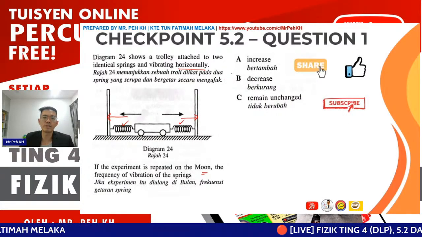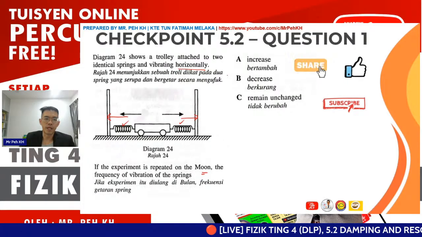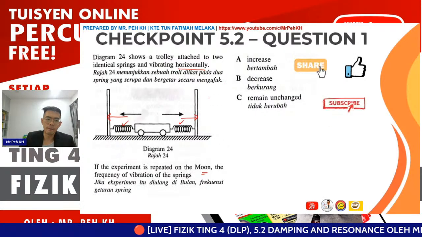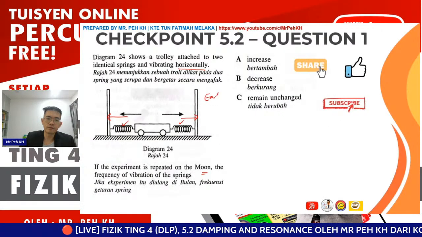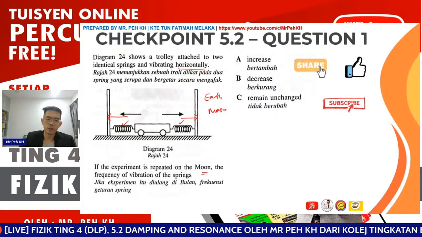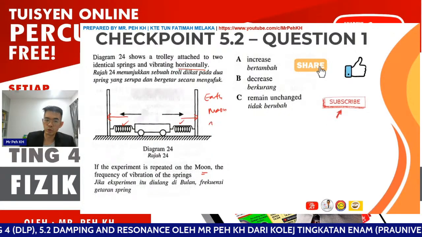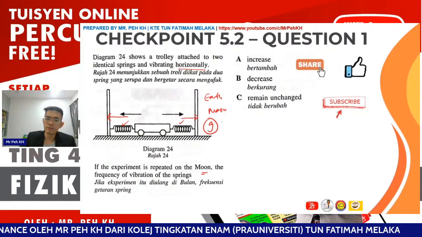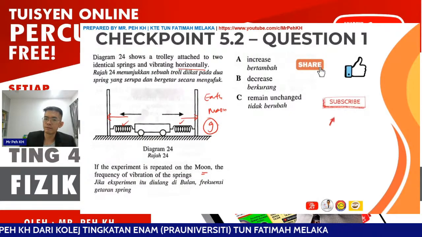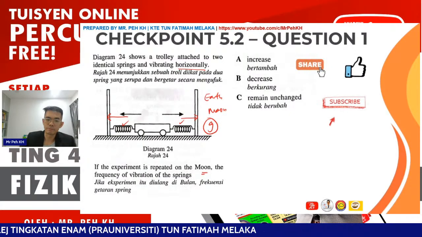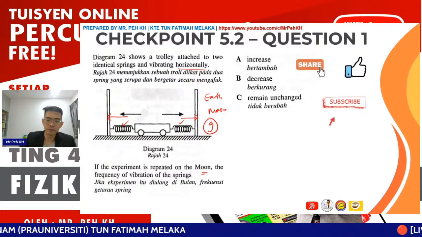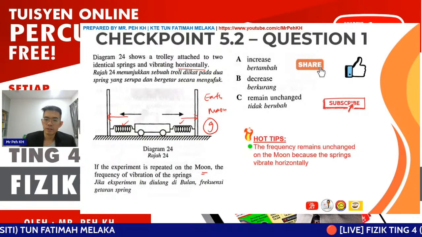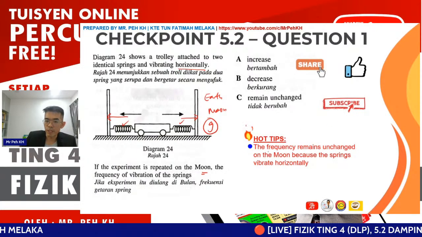What is the difference between the experiment conducted on Earth and on the Moon? The main difference here is actually g, right? It is the difference in g that would cause the natural frequency to differ. But here, the frequency remains unchanged.